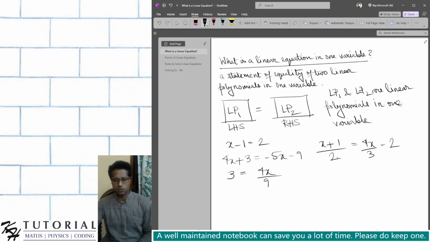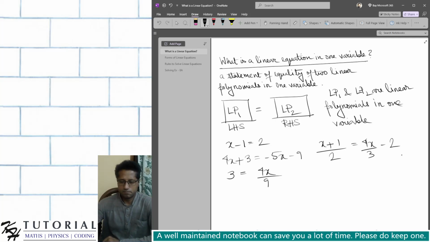X plus 1 by 2 is a linear polynomial in one variable, and 4x by 3 minus 2 is also a linear polynomial in one variable. Hence, this equation is a linear equation in one variable where both the LHS and RHS are some linear polynomial in the same variable.